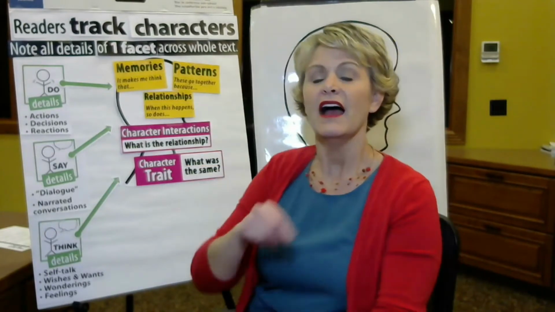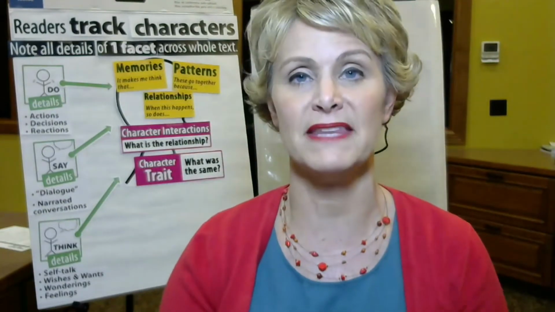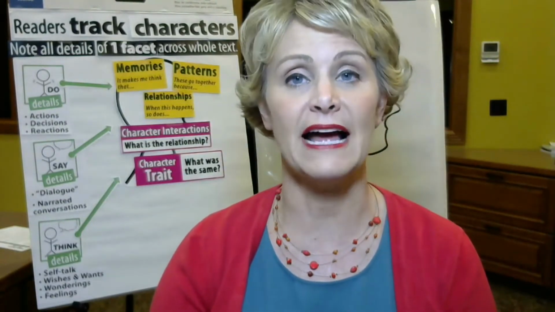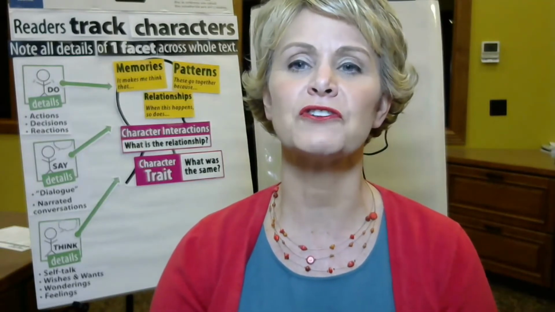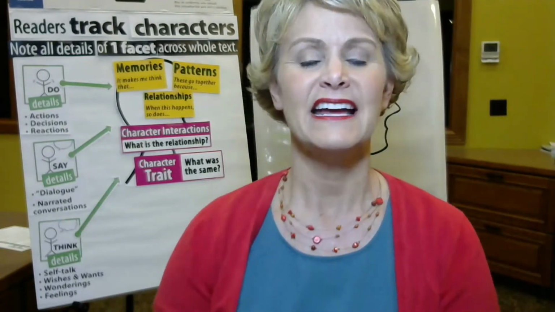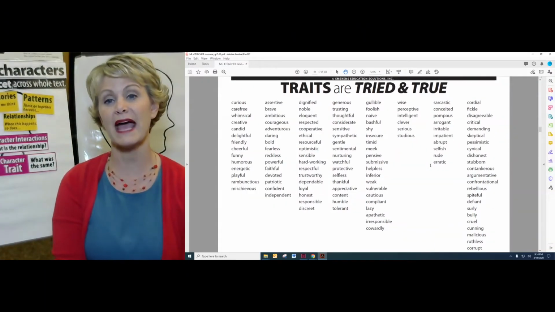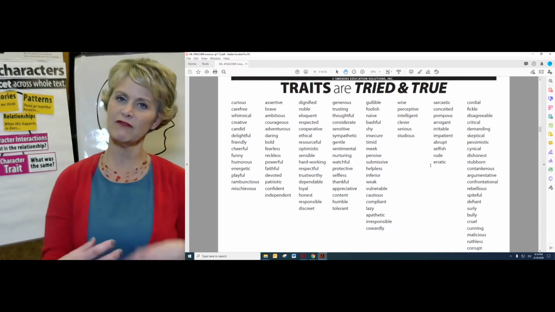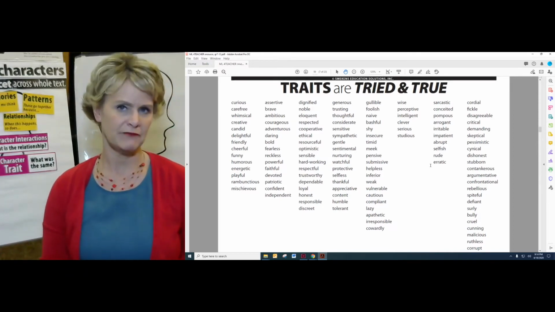Okay, and so I'm going to show you how I do that, and I'm pulling actual details from this text. Now, while I do that, I want you to be mindful of what character traits seem to come to mind that fit Roger. So I'm going to put that list of character traits back on the screen as you just watch me put this together and try to make an inference.